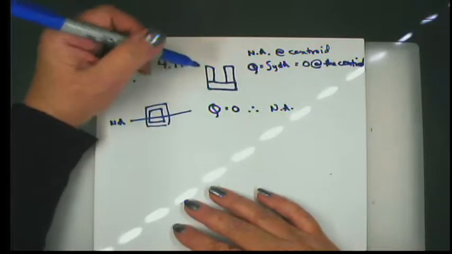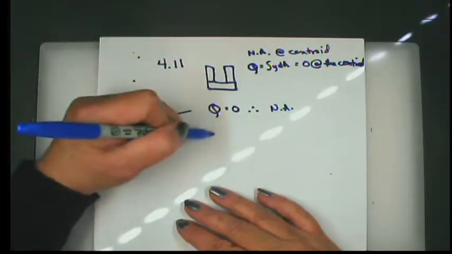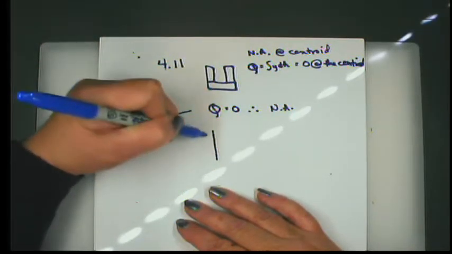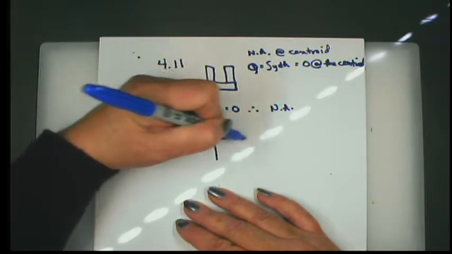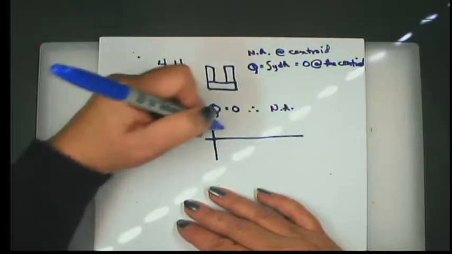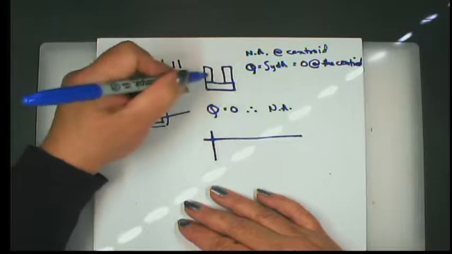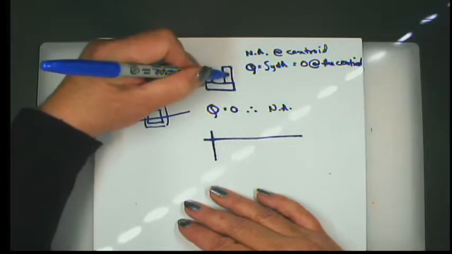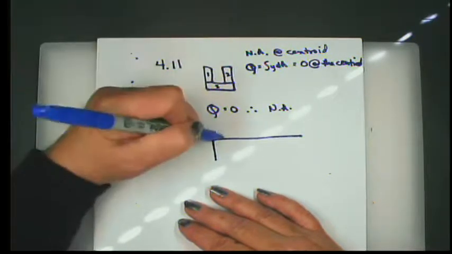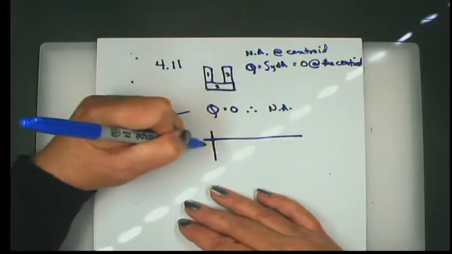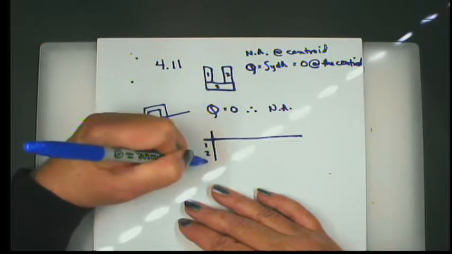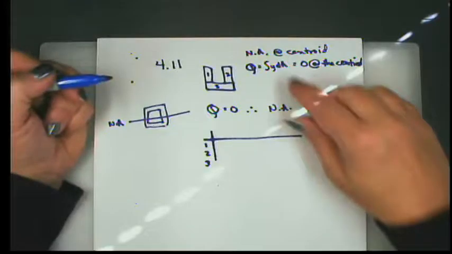All right, so what I like to do, and this is right from your statics book in chapter 5, I break this down into all of the pieces that go into the shape. And that would be shape 1, shape 2, shape 3.